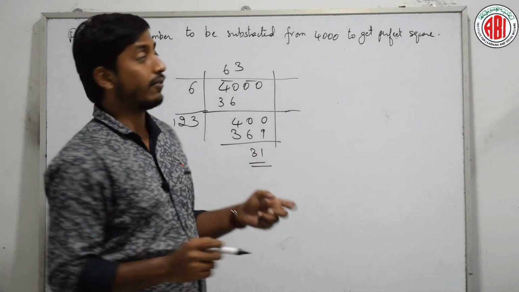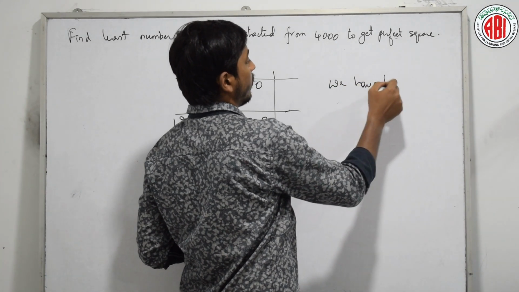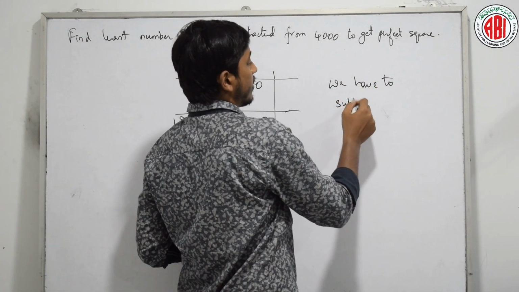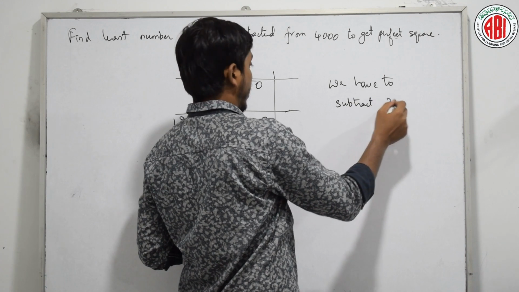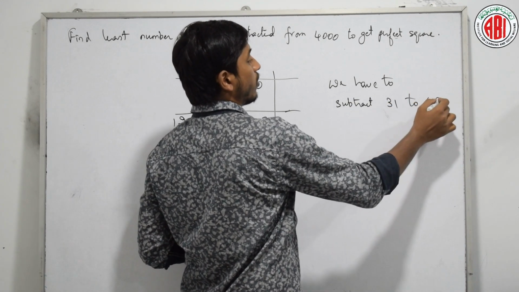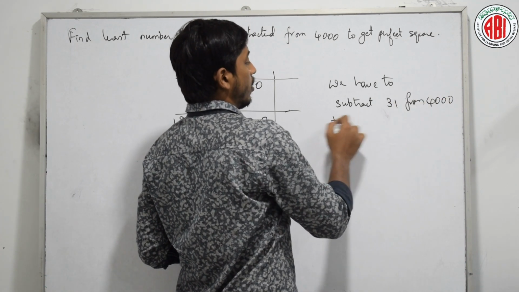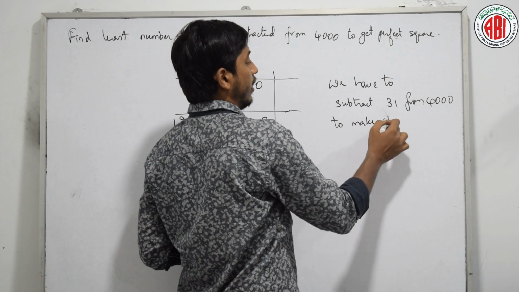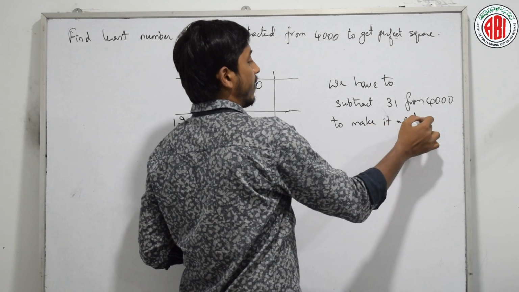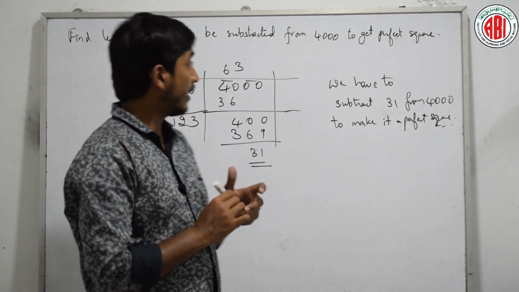So we have to subtract 31 from 4000 to make it a perfect square. Is it clear?